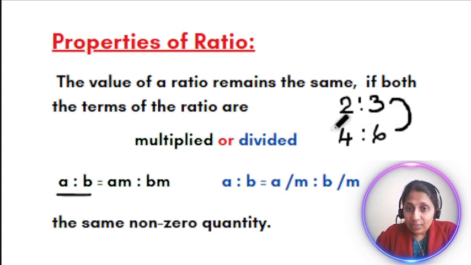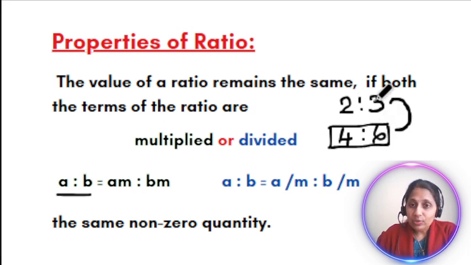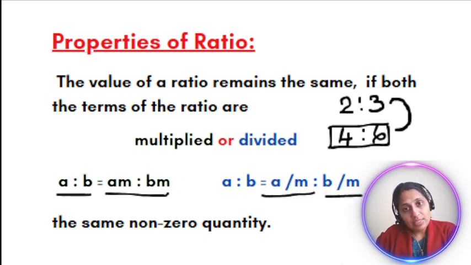And if we take the 4:6 ratio and divide both the values by 2, you get 2:3 again. So basically the value remains unchanged. Either you multiply the 2 values by the same number or divide them by the same number, we get either the equivalent form or the simplest form.